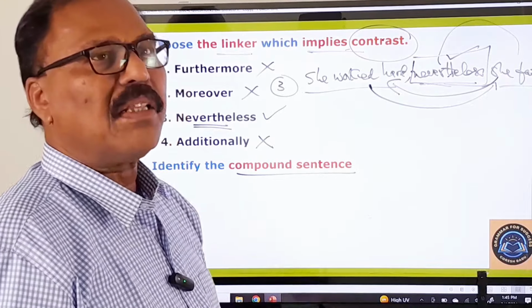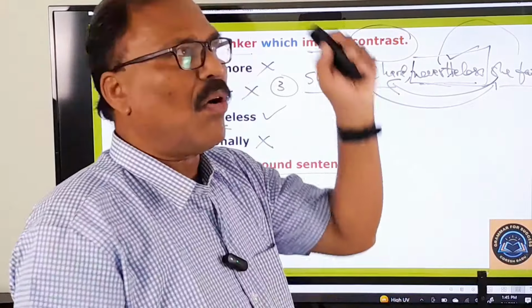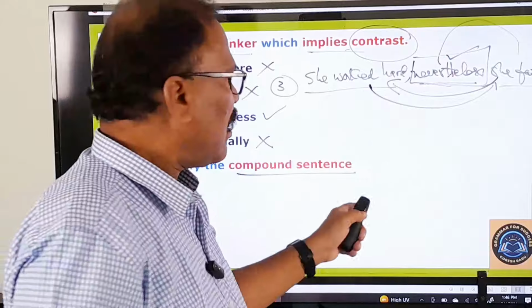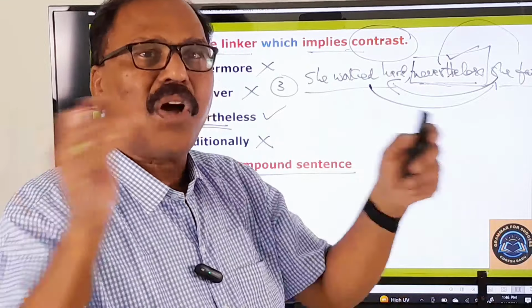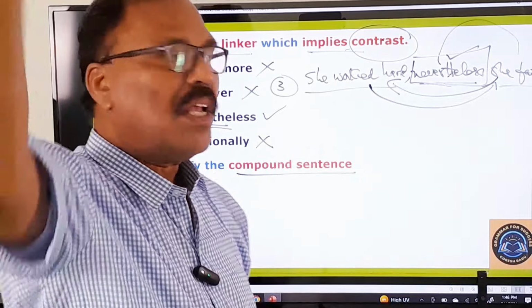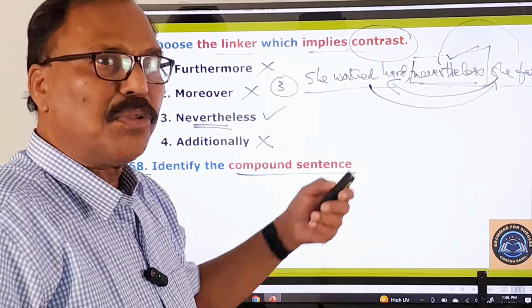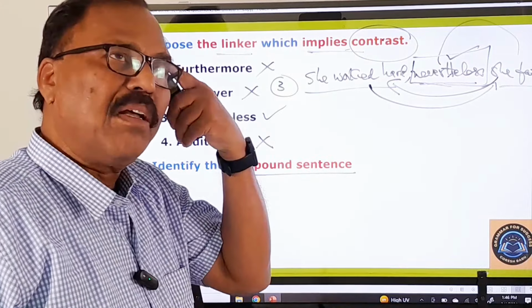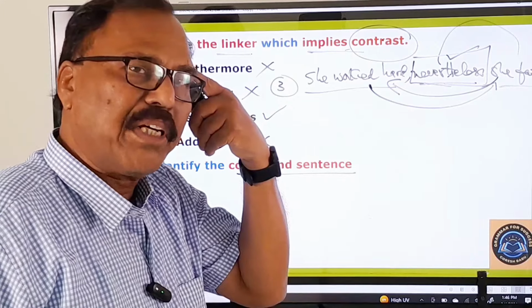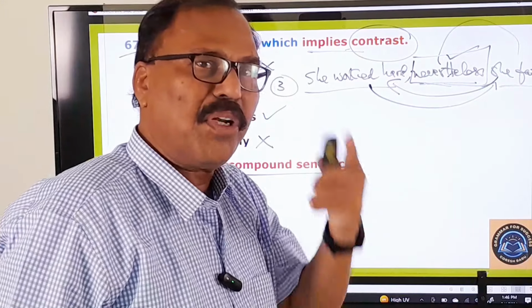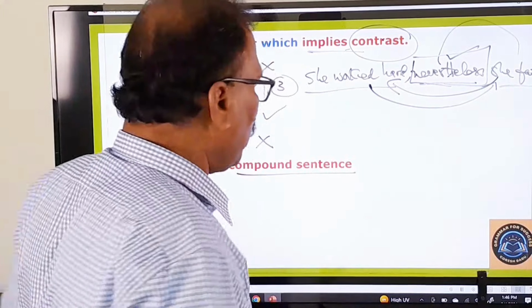Compound sentences are sentences joined by coordinating conjunctions. Complex sentences are sentences joined by subordinating conjunctions. So he is asking you to identify the compound sentence. In order to do that, we should remember the coordinating conjunctions, because compound sentences are formed only with coordinating conjunctions. Then what are the coordinating conjunctions?